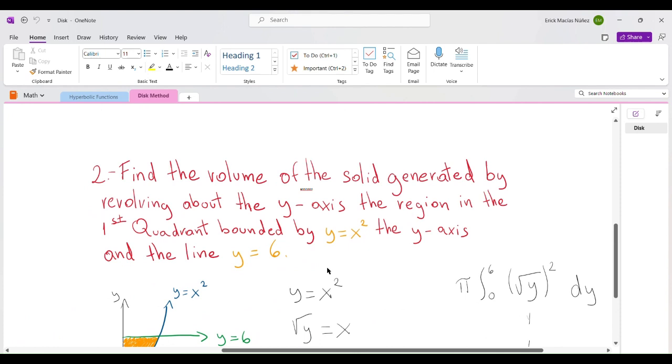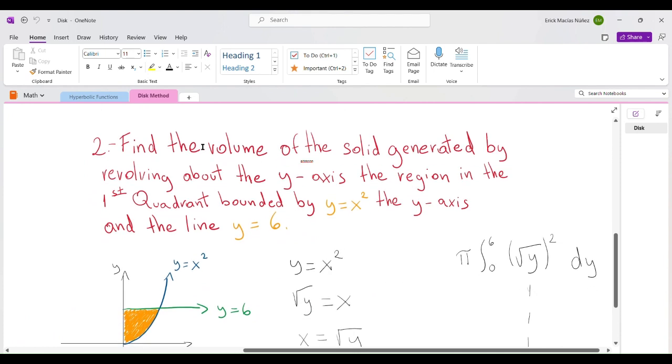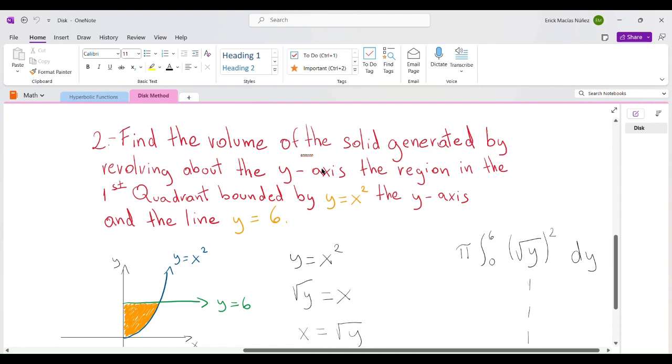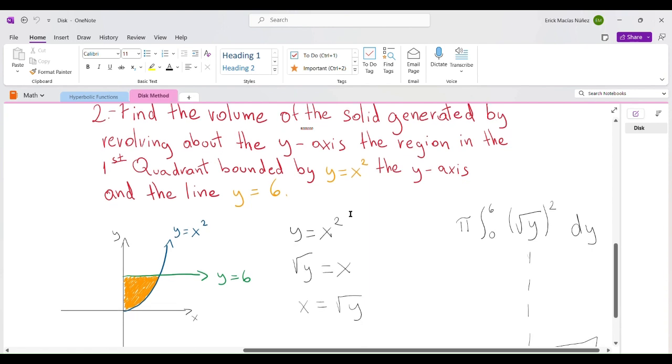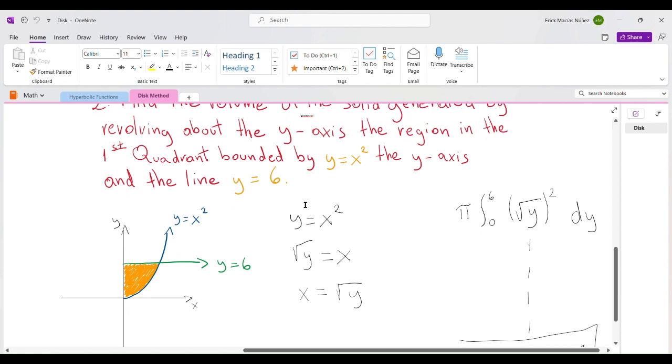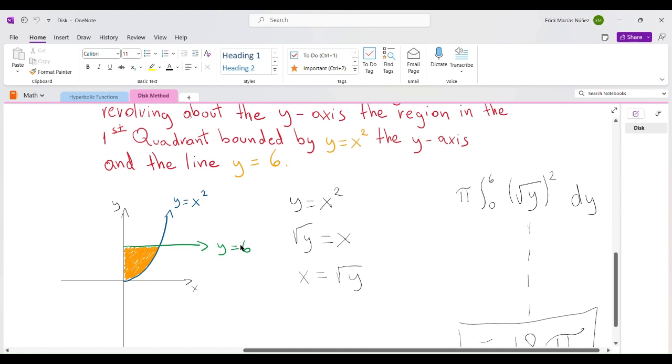Now for the second problem, you have to find the volume of the solid generated by revolving about the y-axis the region in the first quadrant bounded by y equals x squared, the y-axis, and the line y equals 6. This time we don't have two curves. We have one curve and one line, a straight line, which is y equals 6.